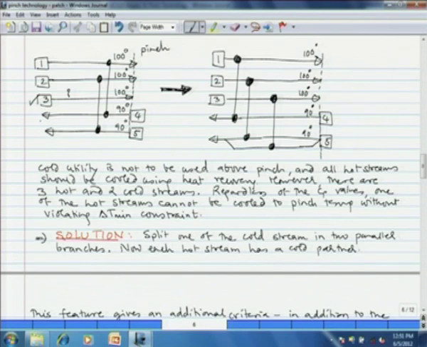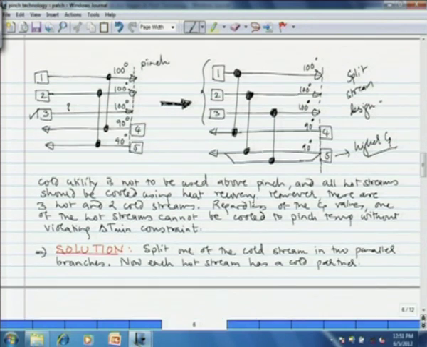That split stream design is shown on the right hand side of your screen. We are splitting stream 5, the one which has the higher CP. We make 2 parallel streams, and then we have cold partners for all 3 hot streams.